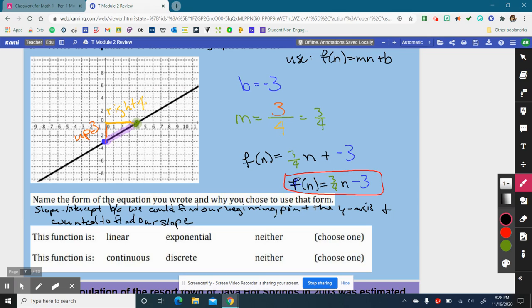If we weren't able to find that first blue dot I wrote out, then you would have used point slope form.